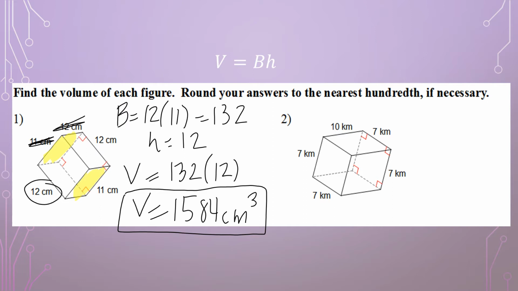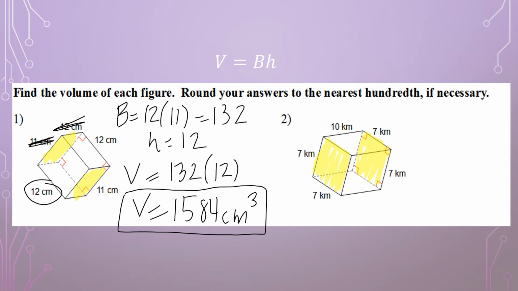So for number 2, this is another rectangular prism, so figure out what sides are your bases. Actually, this happens to be a square prism because we have 7 and 7 for the sides of the bases, so that means it's a square.